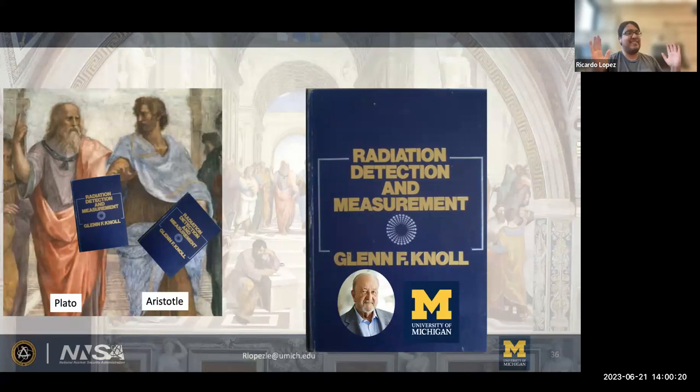But essentially, it serves as the Bible for radiation detection and measurement knowledge. So if there's anything in this lecture that you want to know in more detail, there's like a 99% chance that you'll end up finding it in this textbook, covered in much deeper and more intricate detail than what I was able to do here today.